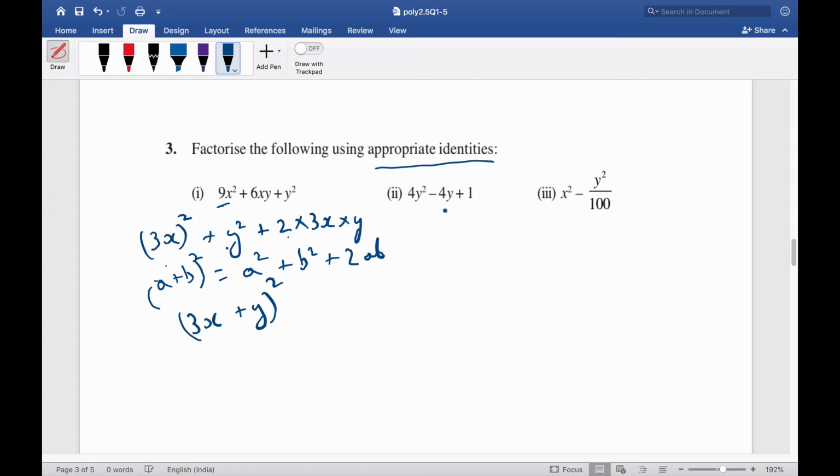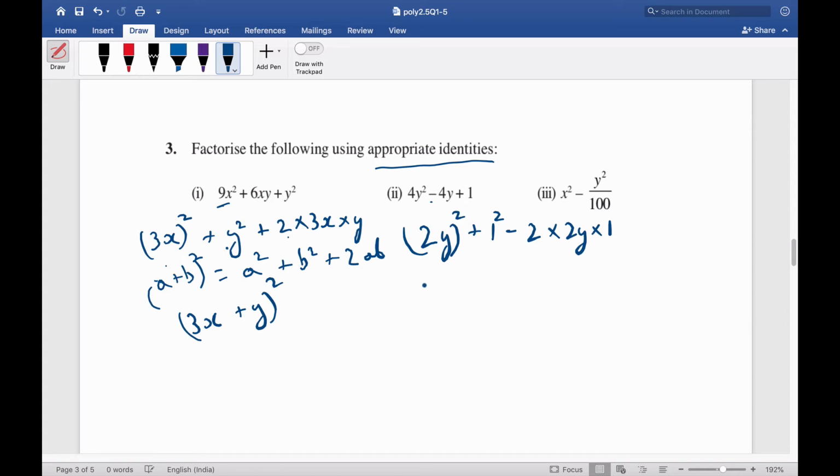Moving on to this next part. This can be written as 2y whole square plus, I can write 1 as 1 square. Now it has a negative sign, so it must be a square plus b square minus 2ab. Let's try that. Minus 2 into a is 2y into b is 1. So yes, it gives me back 4y.